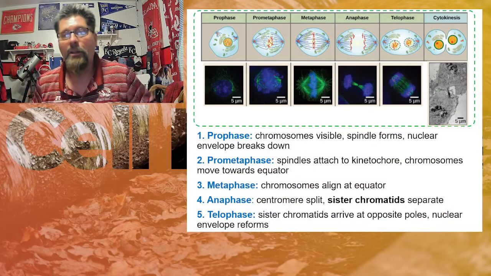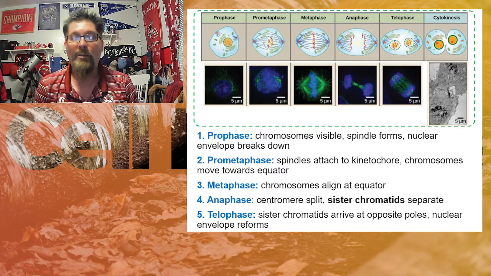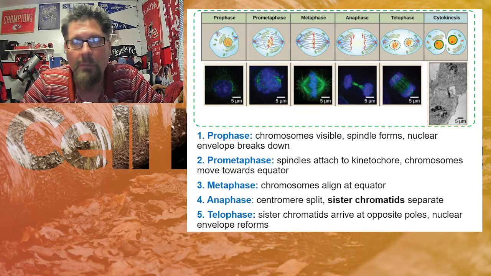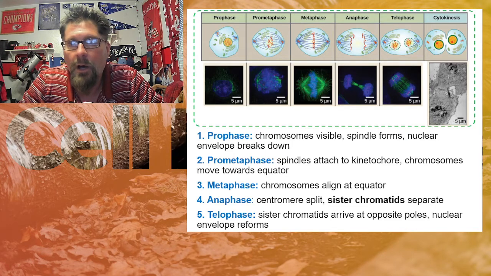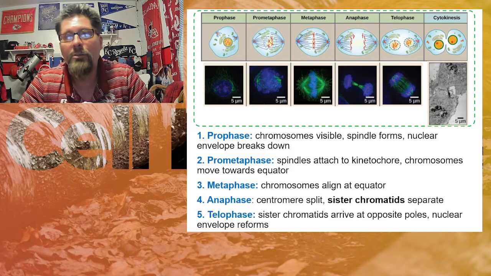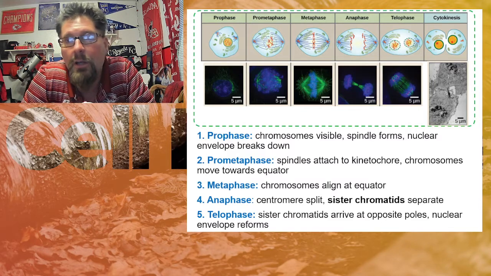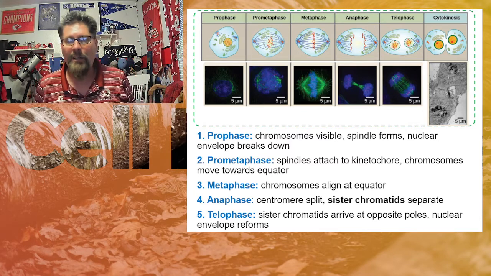Now, the diagram you see here is the diagram we've been looking at with the steps, but now we've added a microscopic view of what's going on, and it's not too much until you get to the metaphase, and then you can clearly see the blue lines of the chromosomes and the green, and maybe ask, well, how are you seeing that?